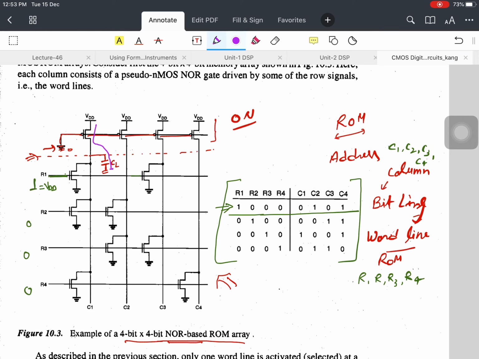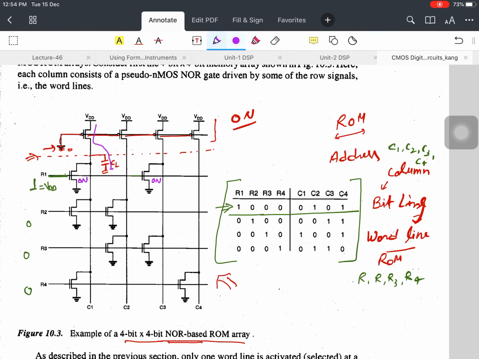Clear. Now, if we are giving R1 equal to 0 and you want to discharge the CL capacitor, you should have a path to discharge this capacitance. So if you are taking this R1 value as 1, that NMOS will be on and that NMOS will also be on.